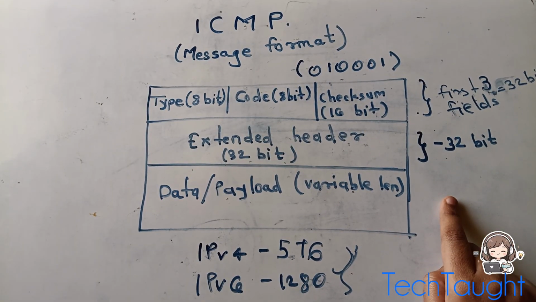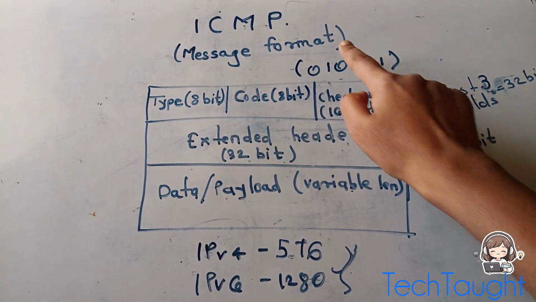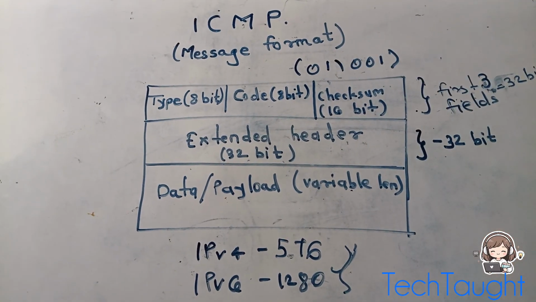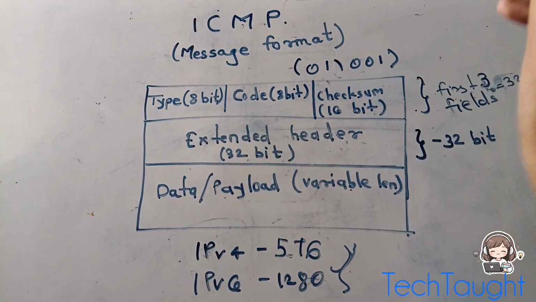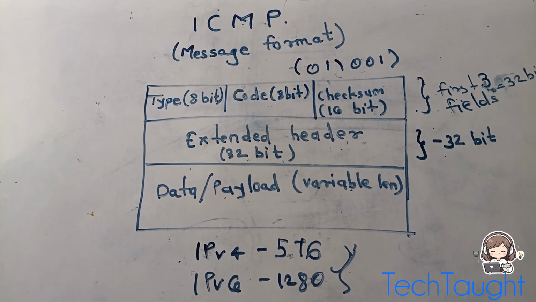So if some bits are missing or wrong, what should I do? Let's say the sender has sent 010001, but the receiver is receiving 011001, so it can cause a problem.